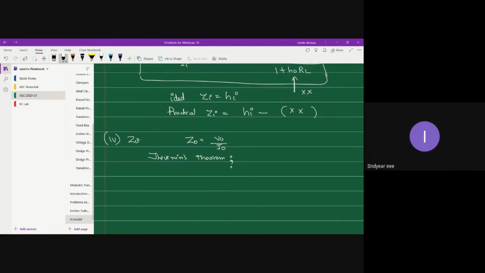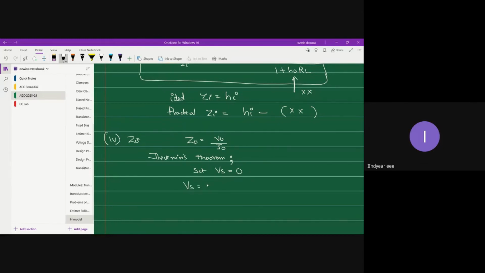Because the equations are slightly complex, if possible, it's better to use Thevenin's theorem. What we will do in Thevenin's theorem is set the source voltage Vs equal to 0. By setting Vs equal to 0, you can write down the Vs expression.